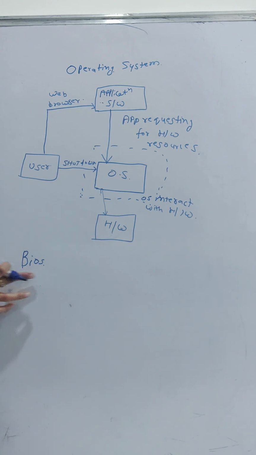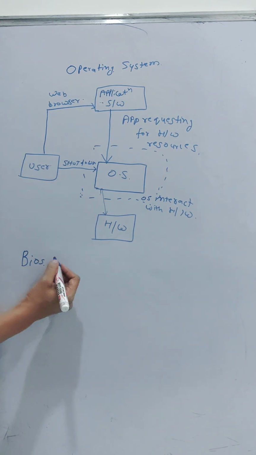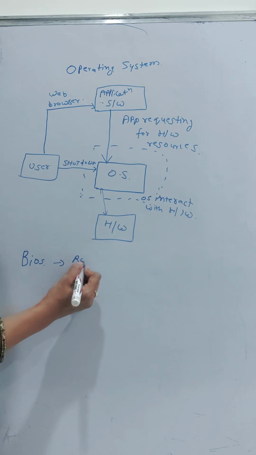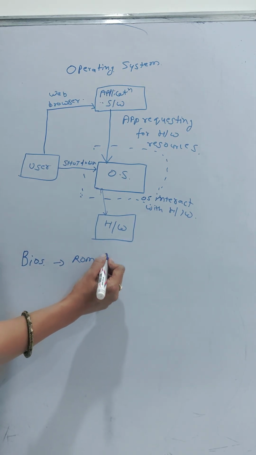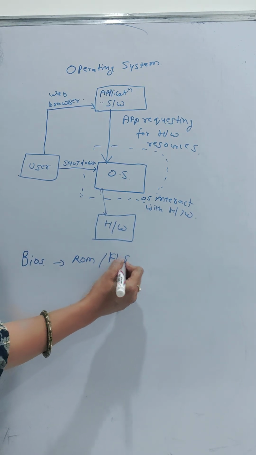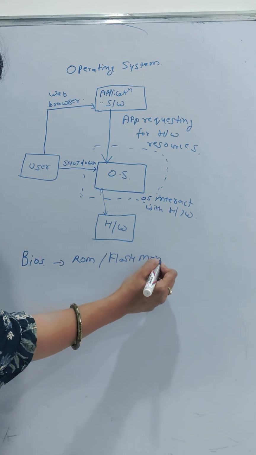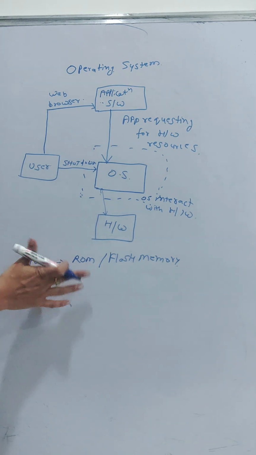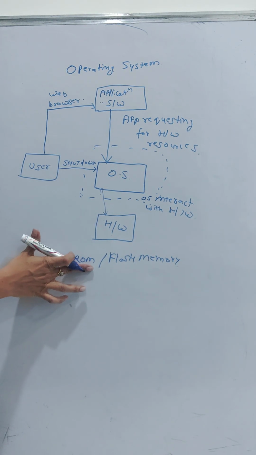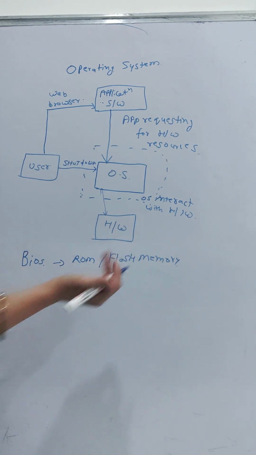This is a small chip in our motherboard. This chip is either ROM or flash memory. In older versions of computers it used to be ROM. Nowadays it is flash memory.